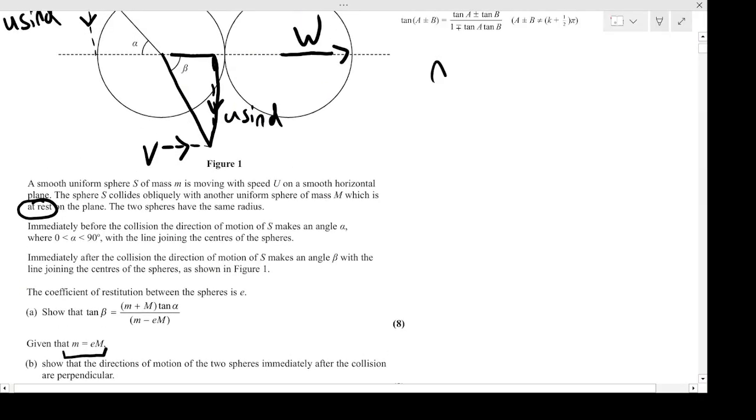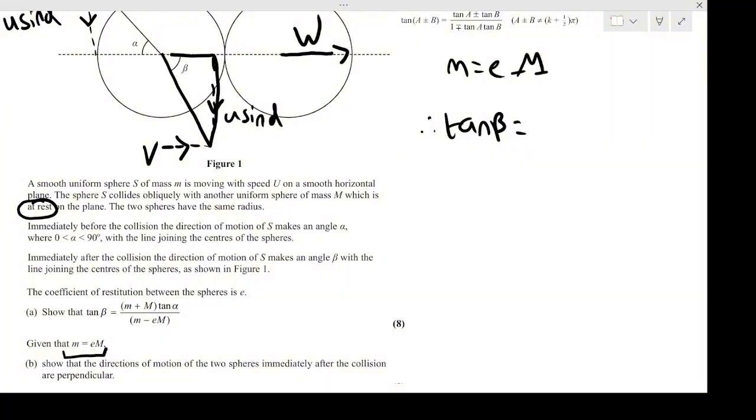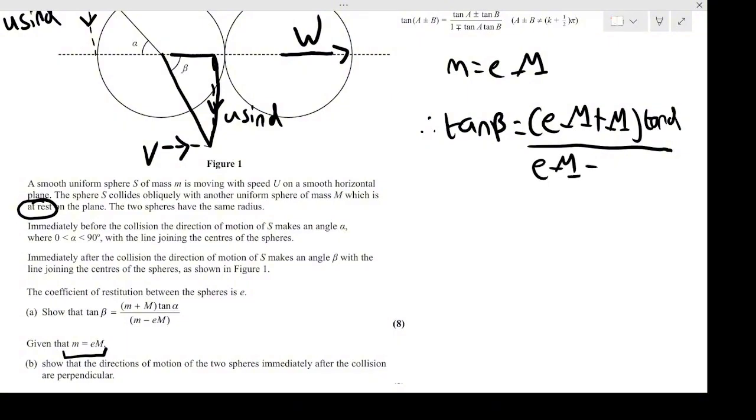So if I do that, if m is equal to e big M, therefore tan beta in that case is going to be m, which is e big M, plus big M, lots of tan alpha, over little m, which is eM, minus eM.